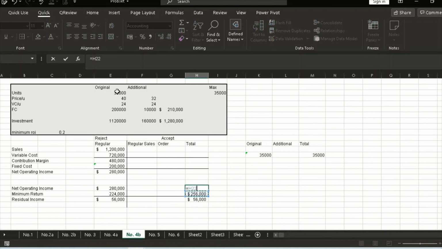Then we will add the minimum return and the residual income to get the net operating income. And to the target net operating income, we're going to add our total fixed cost, which is 210,000.